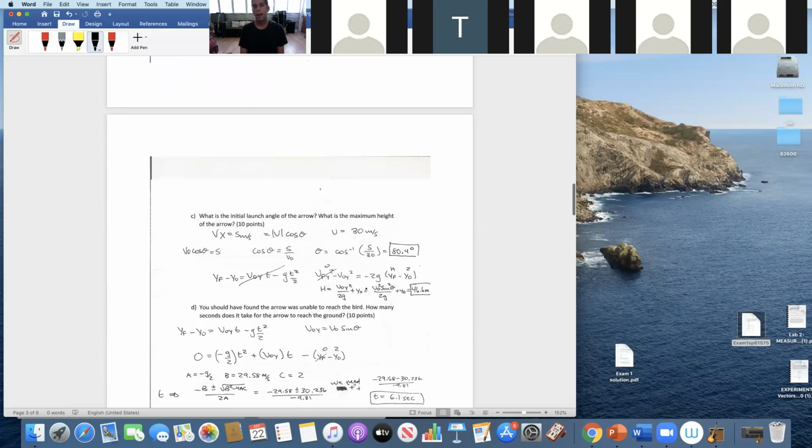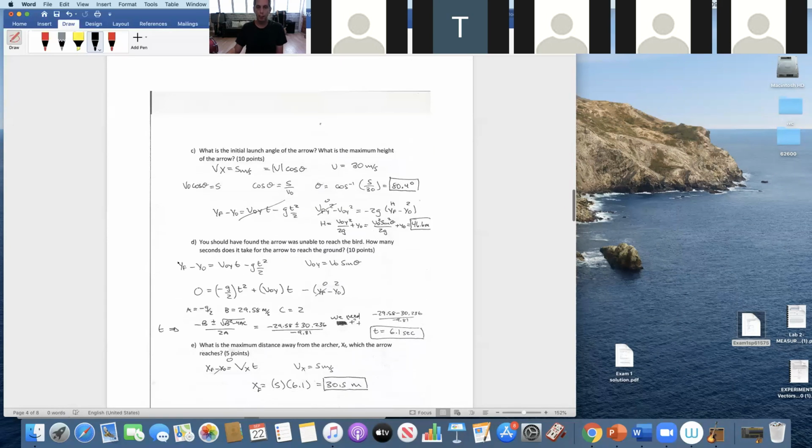Now, don't forget that your Y initial is 2, not 0 in this case. And you find that the maximum height of the arrow isn't enough to hit the bird. Things you might get counted off for here is basically getting this equation wrong, or forgetting that Y naught. So don't forget that Y naught.